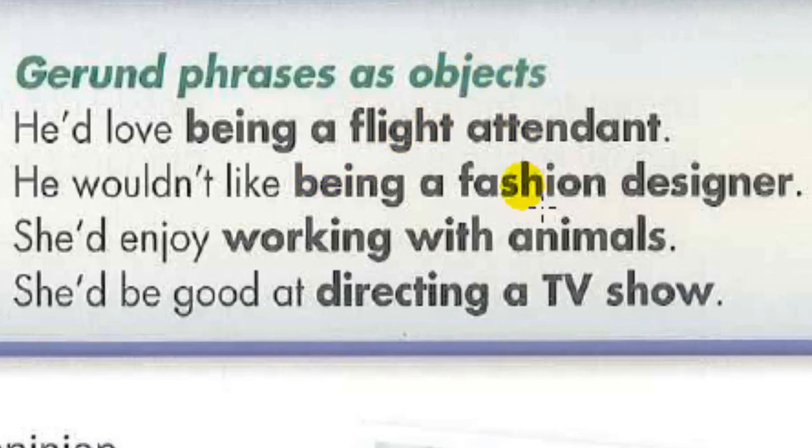Example, I like watching TV. I like watching TV a lot. I like watching TV programs. So this is an example for gerund phrase object, watching TV programs. So I like watching TV programs.